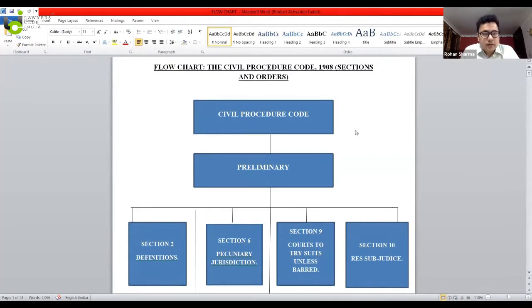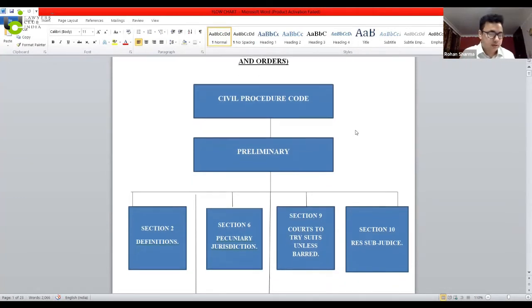Let me just start by segregating and outlining the difference between the sections and the orders. Like why there are certain sections and why there are certain orders, and what's the essential difference between the substance of both these things.